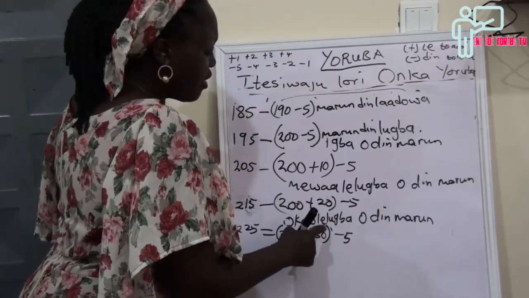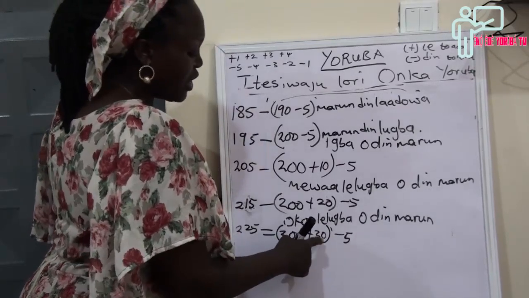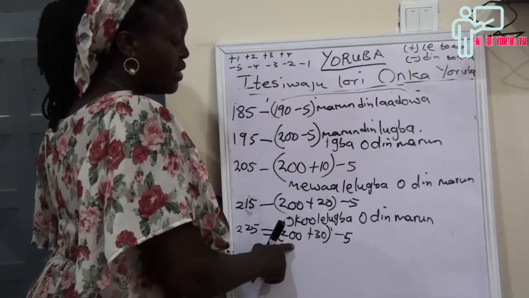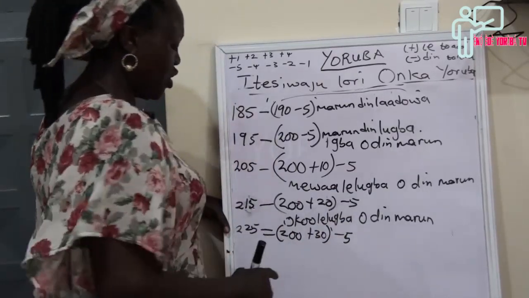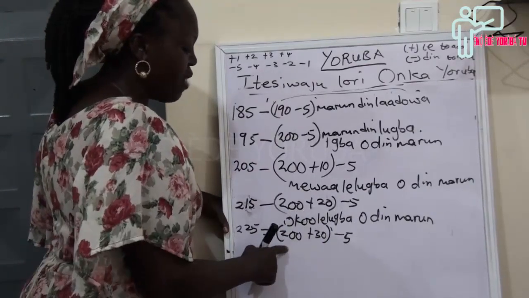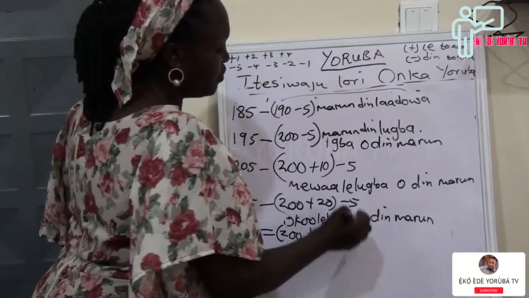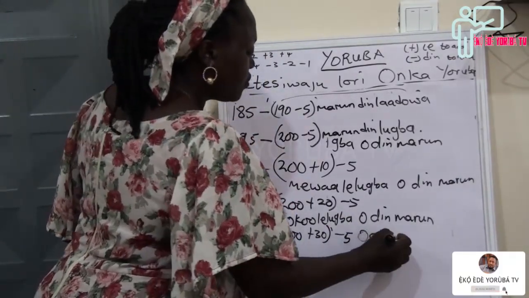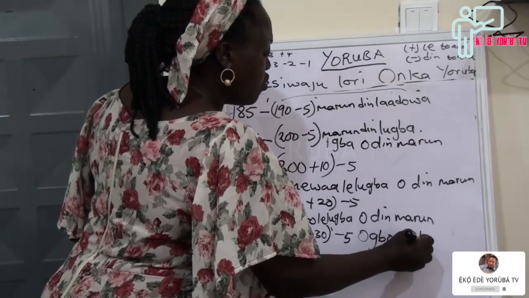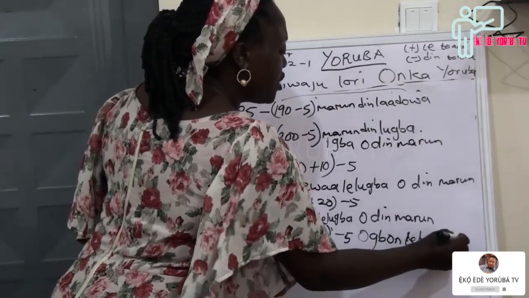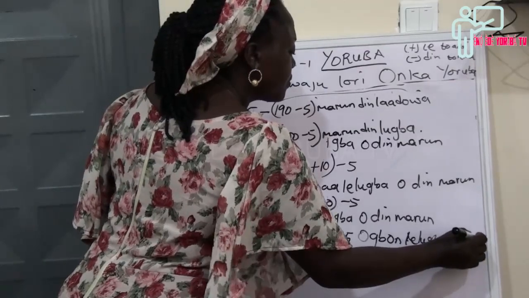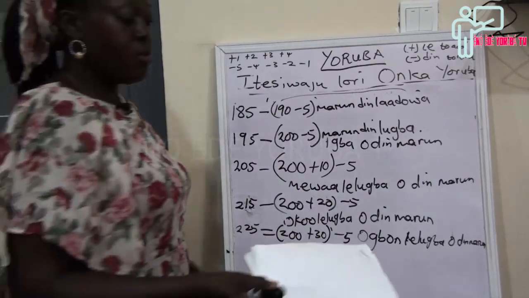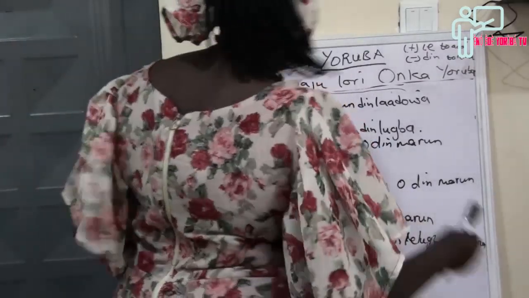And some we say for okòó, that is òjìlélúgba. Ó dín márùn-ún is not correct like that. So you can say ọgbọ̀nlélúgba ó dín márùn-ún. Ọgbọ̀n. What is ọgbọ̀n? 30. Ọgbọ̀nlélúgba ó dín márùn-ún.